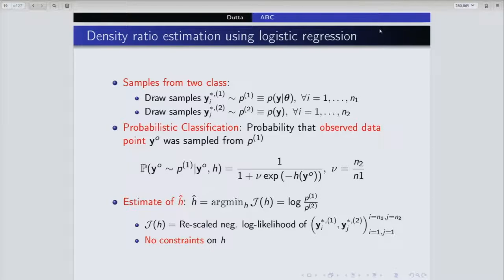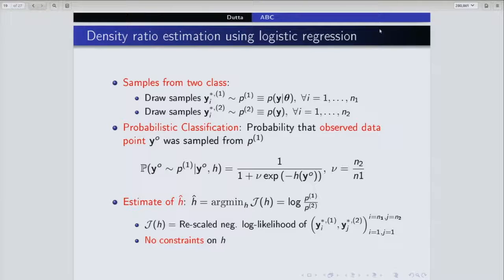Now, we know that if you use logistic regression, then the probability of y coming from the first class, or this first distribution, is given by this equation, where h is unconstrained.